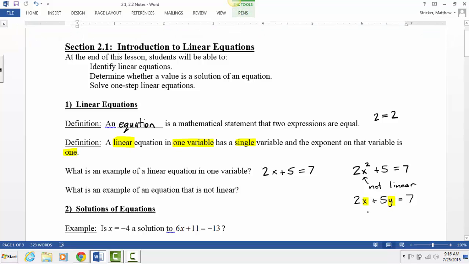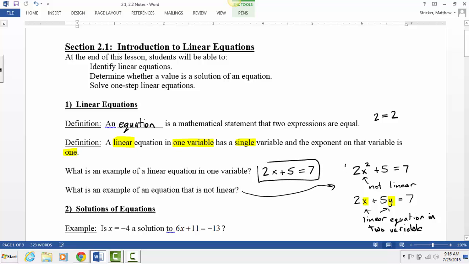So this is a linear equation in two variables. In these couple sections, we're only going to be talking about solving linear equations in one variable, which is this type right here. So these are some that are not linear.